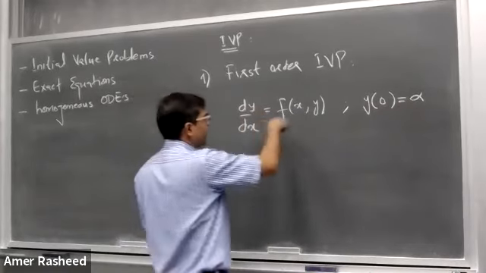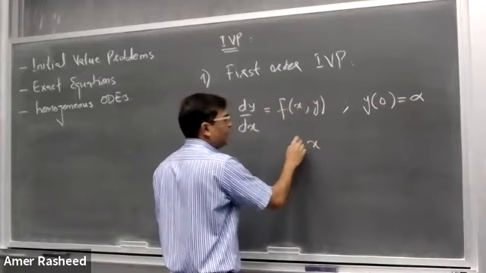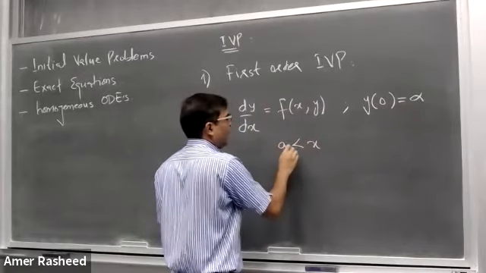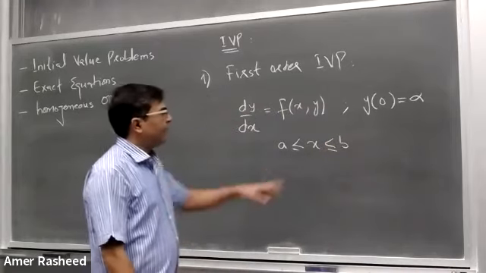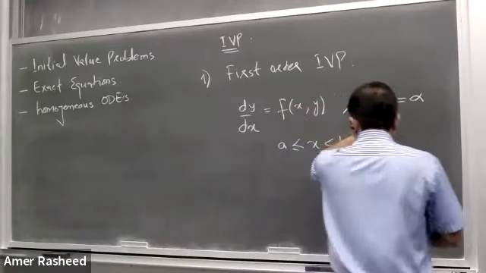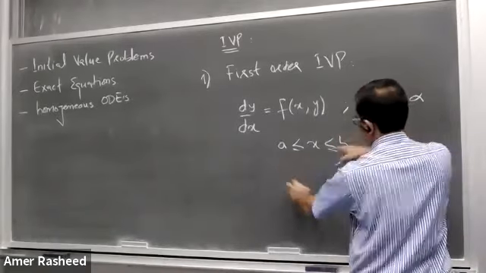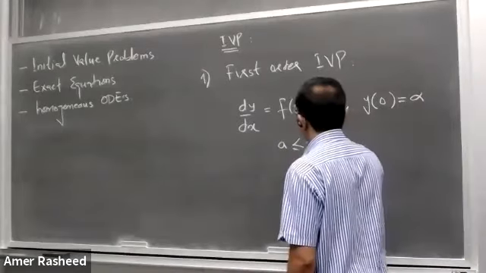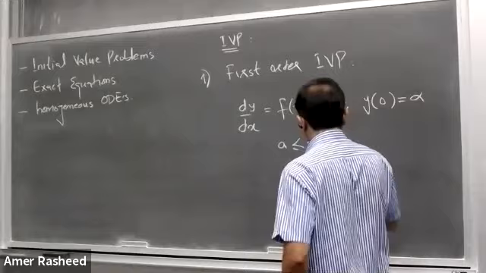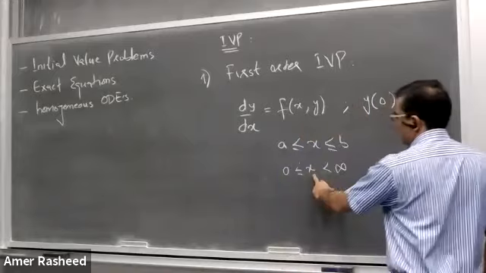Now, as you know, differential equations do have a domain. So x maybe belongs to from a to b. Then here, you should have the first value of x. If it starts from 0 to maybe infinity, then the initial value of x is 0.